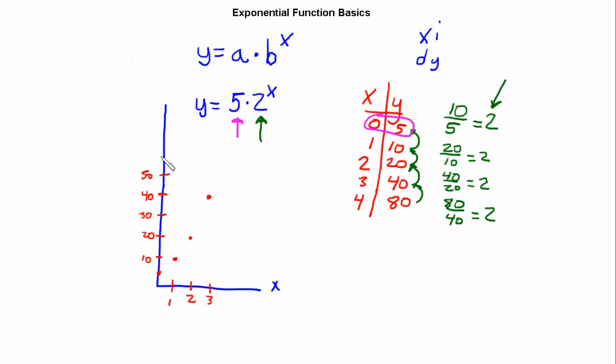We'll put in 50, 60, 70, and 80. Okay, so let's put in 4 down here, and then that way we can add in this last point. So then we have 4 and 80 right up here underneath our equation.